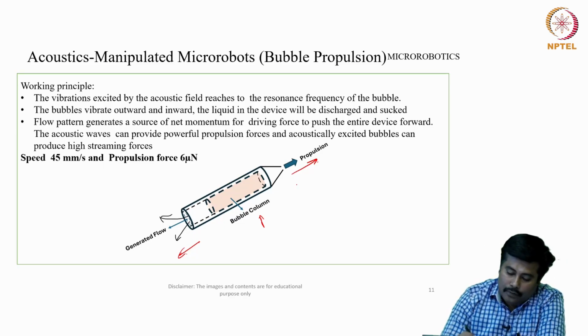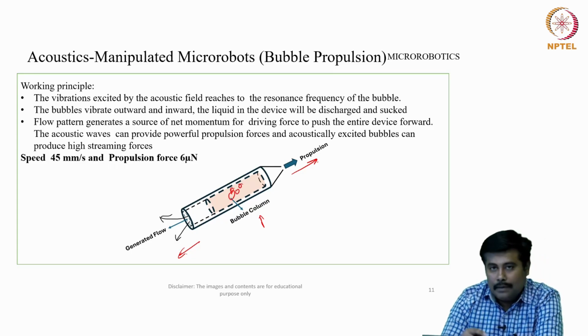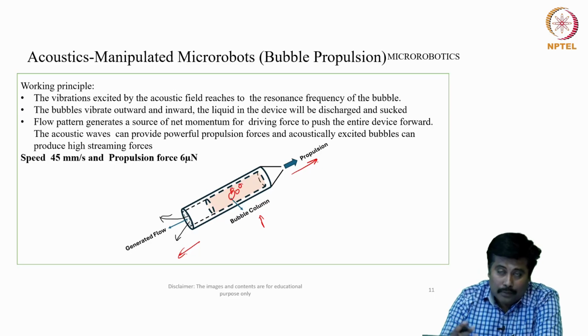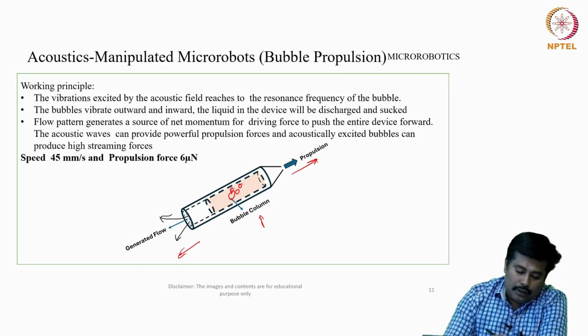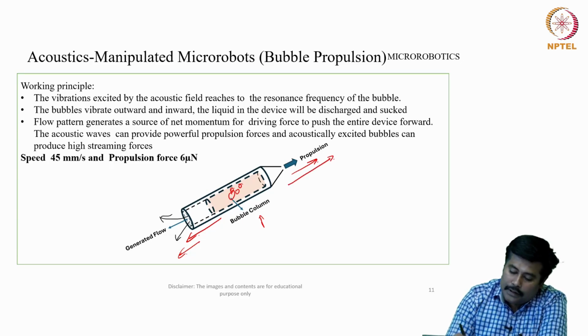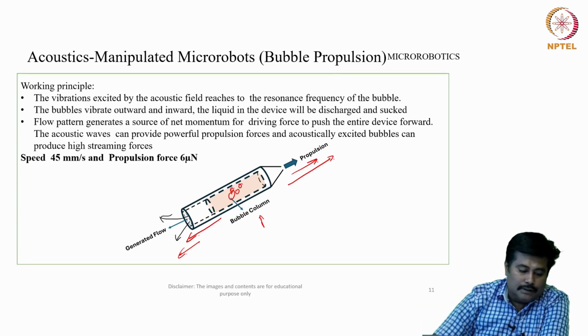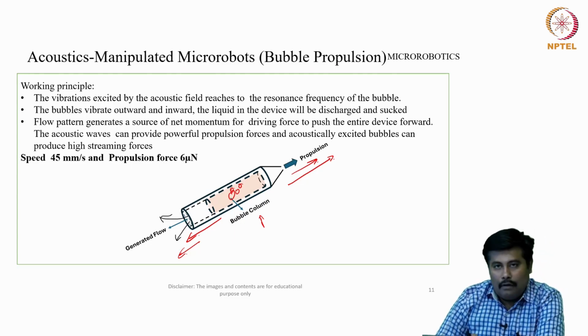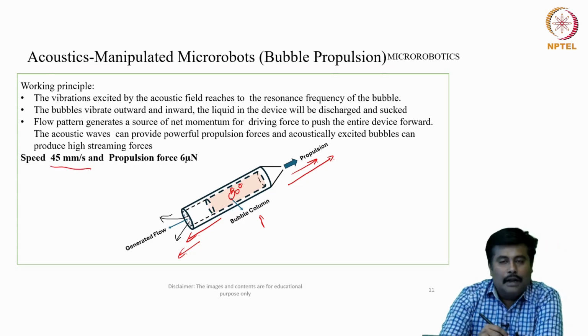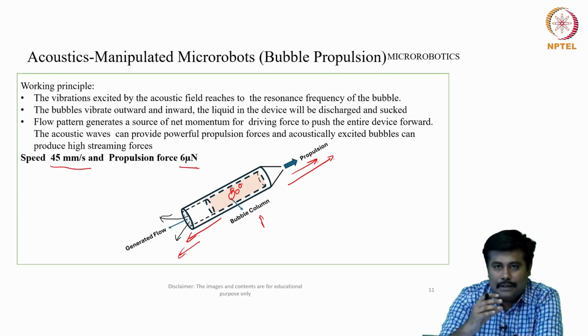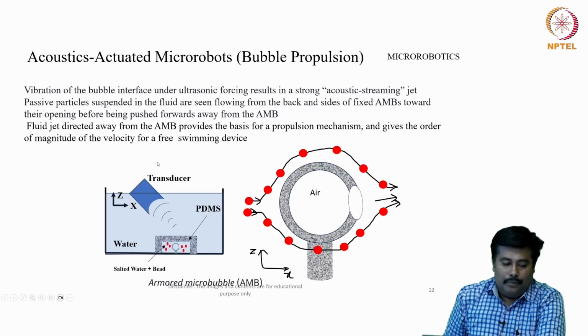The bubbles are generated by different modes, like we have discussed, such as the photothermal effect, catalytic base, etc. Through the generation of bubbles there is a flow which comes out of it, and then there is a forward propulsion. The speed of this system can be in the range of 45 mm per second, and the overall propulsion force exerted will be in the order of 6 micro nanometers.